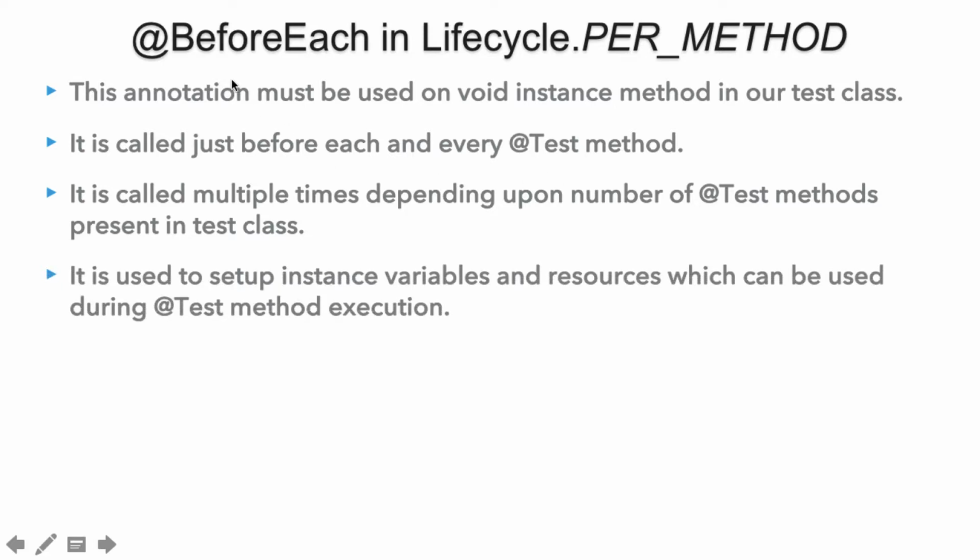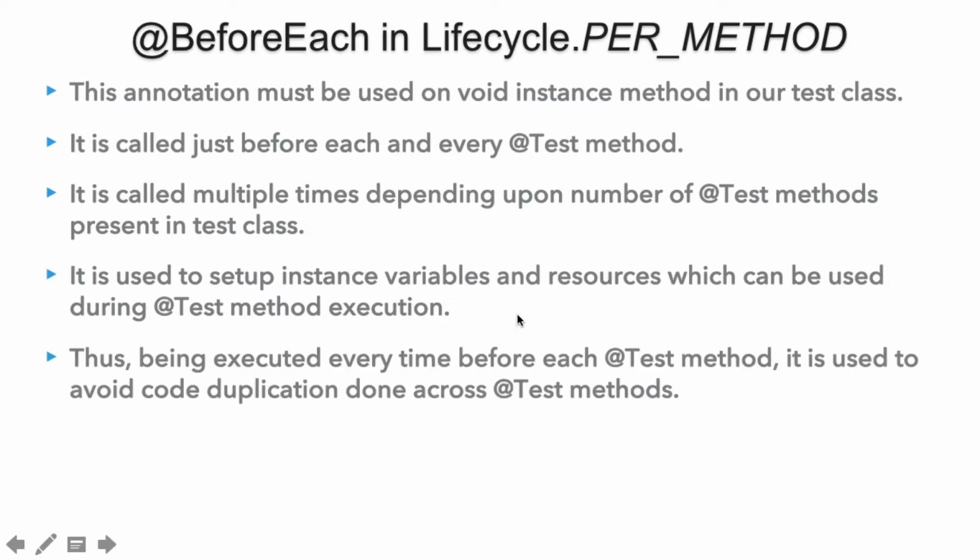Now, what are these @BeforeEach annotated methods used for? Here you can see it is used to set up instance variables and resources which can be used during @Test method execution. Why is it done? Let's say in our test class there are 3 @Test methods, and all these @Test methods need to test a method of our class.